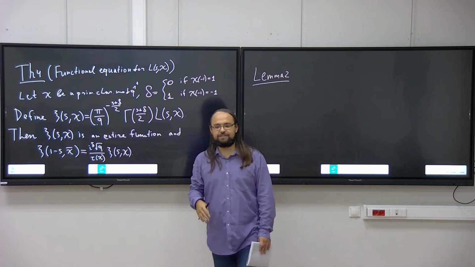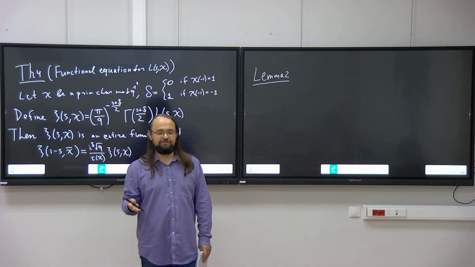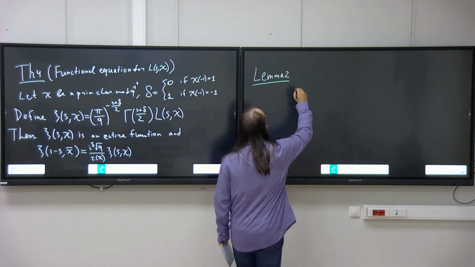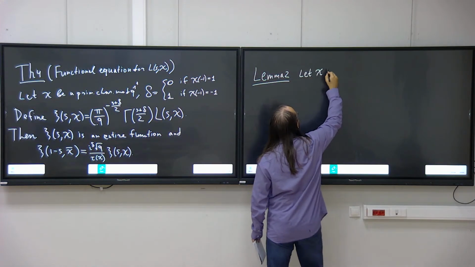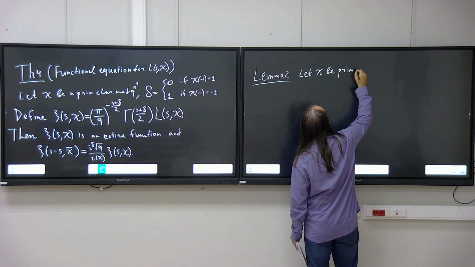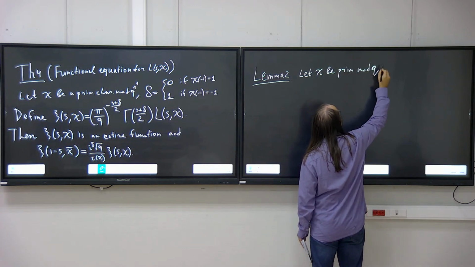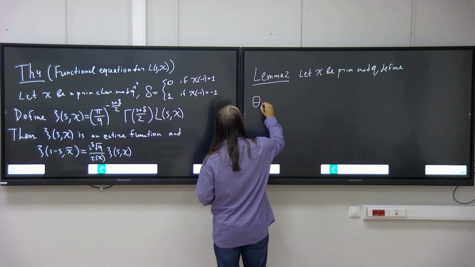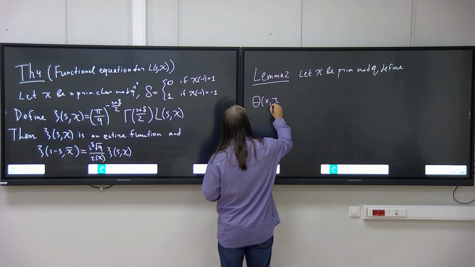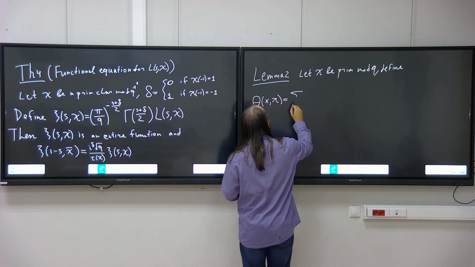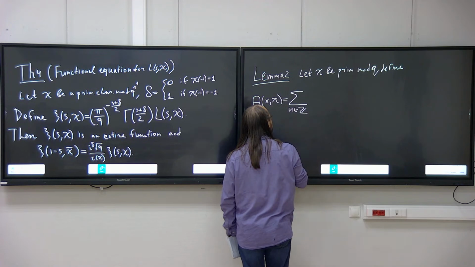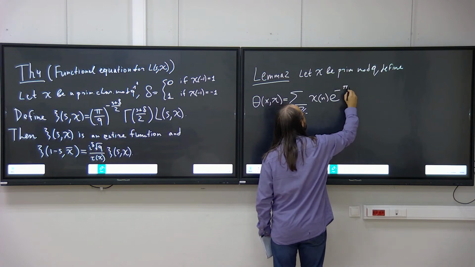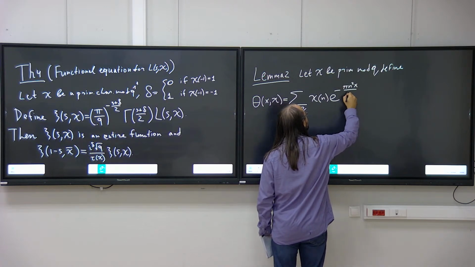Lemma 2 is something about analogs of our theta series, but with a Dirichlet character. Let chi be primitive modulo q. Define the following two functions. Theta of x chi will be equal to the sum over all integers n of chi of n e to the power minus pi n squared x over q.